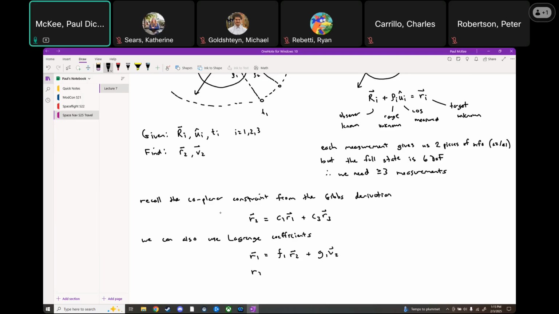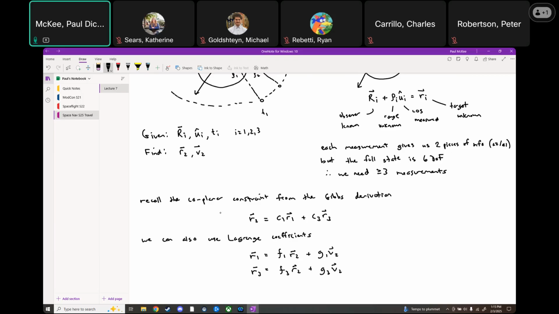And similarly, r3 can be expressed as some linear combination of r2 and v2. So now we've got these coefficients, F1, G1, F3, G3.